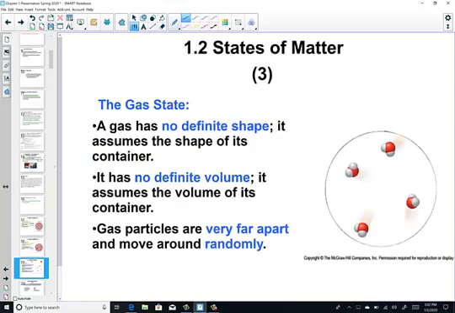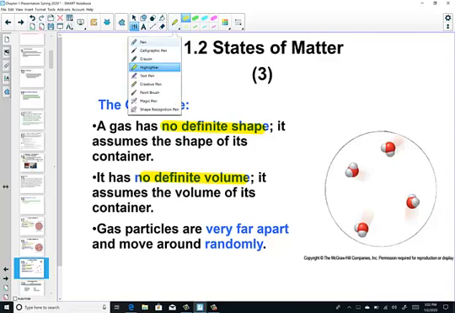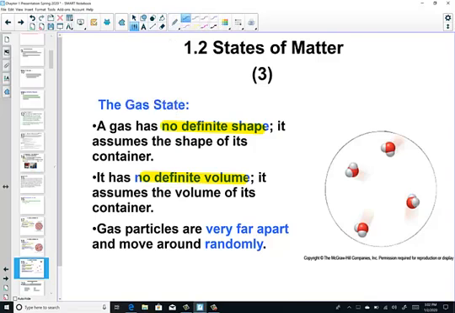And finally, this gaseous state, thinking at the molecular level, we understand that gases have no definite shape. It assumes the shape of whatever container you place it in. It also has no definite volume. So whatever the volume of the container, the gas expands or contracts to make sure that it will occupy the entire area. I just wanted you to know also that gases flow past one another as well. They have complete freedom to move about.